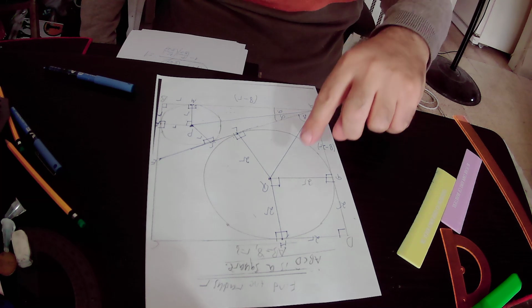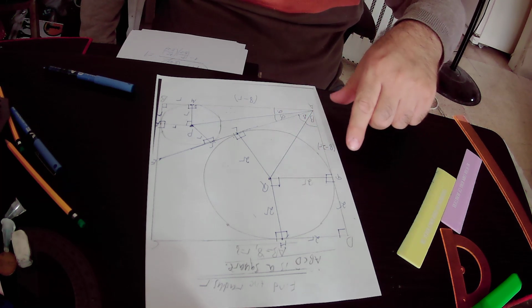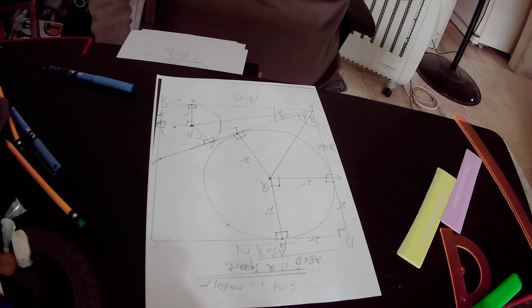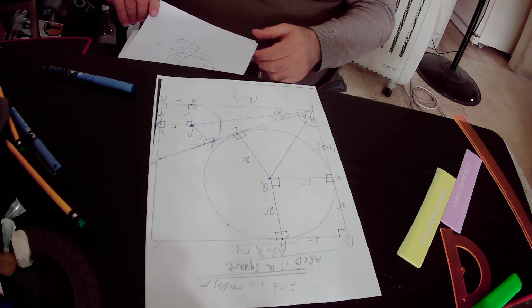And we know that GQ equals 2R and AQ equals 8 minus 2R.